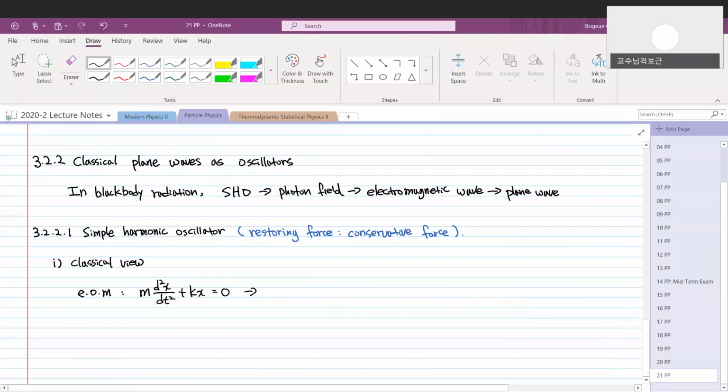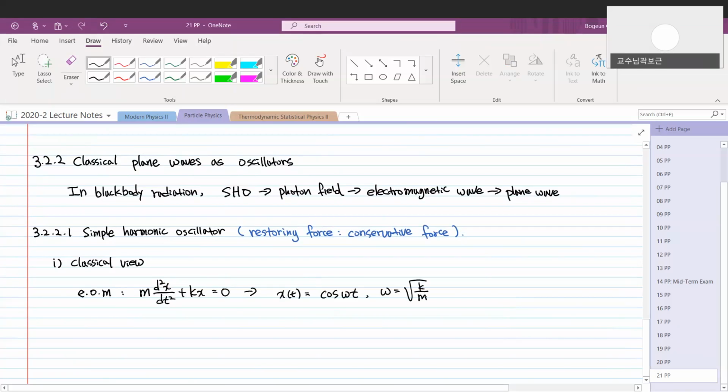So its solution is simply x(t) as a function of time, sine omega t, and omega is root k over m.